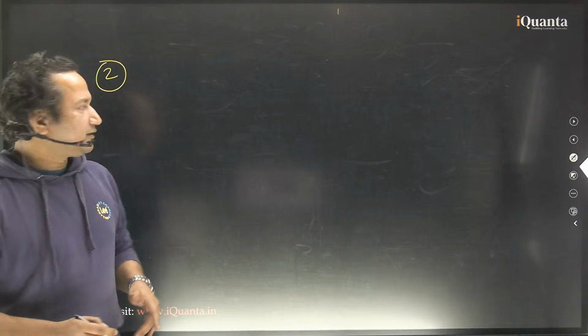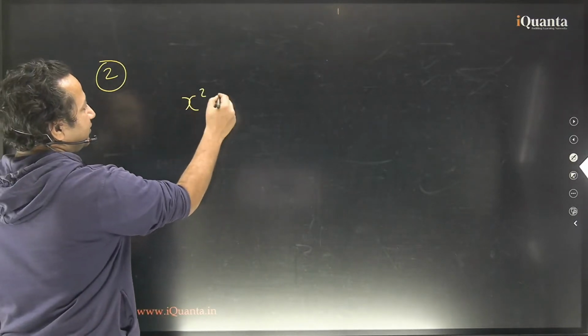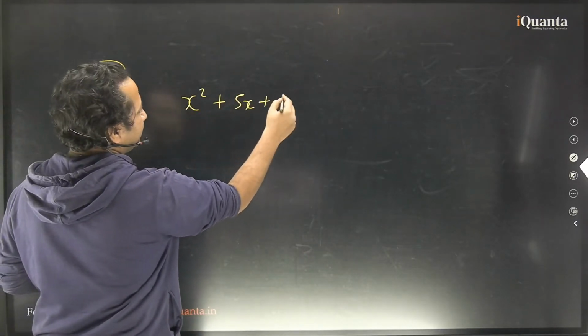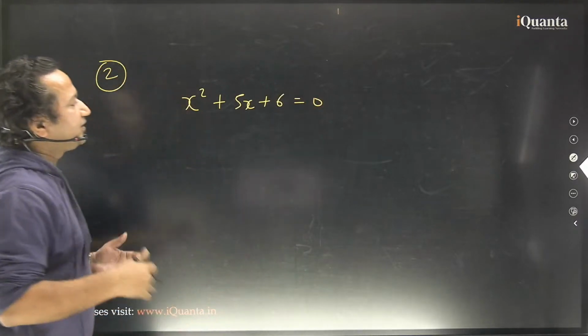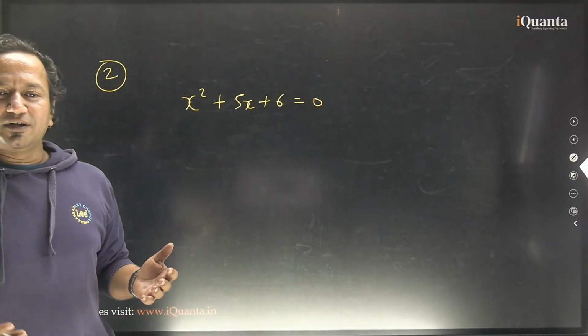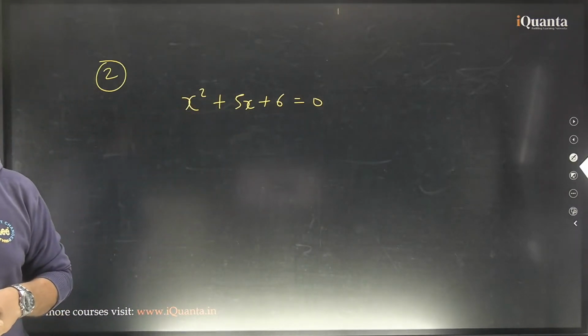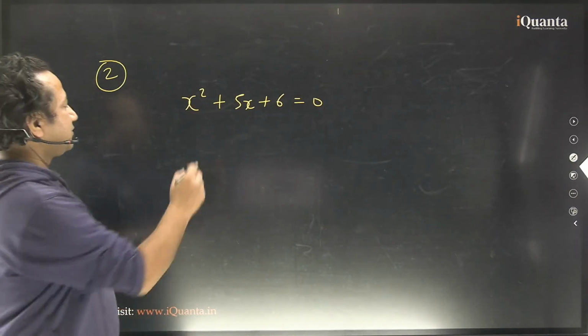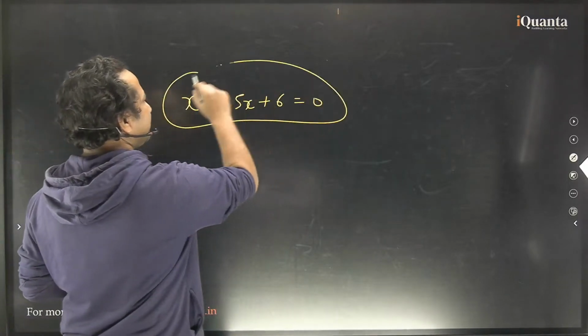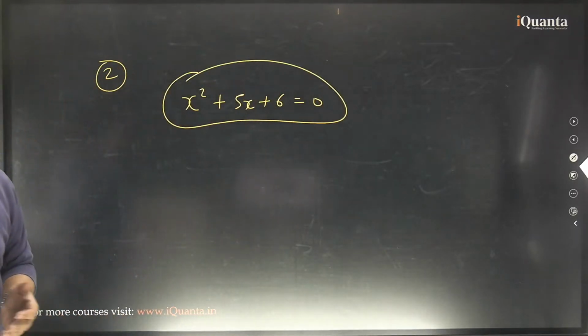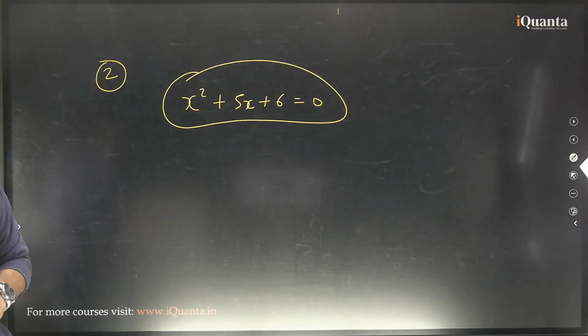You've seen that kind of questions? For example, x square plus 5x plus 6 equal to 0. So they will ask what will be the equation if the roots are 2 more than this. You must have seen that kind of questions.